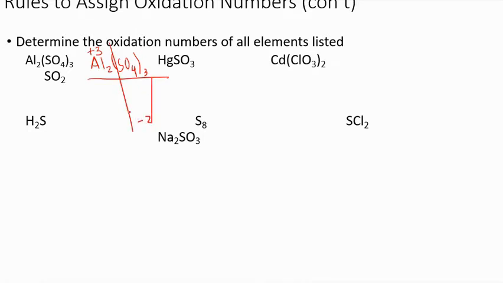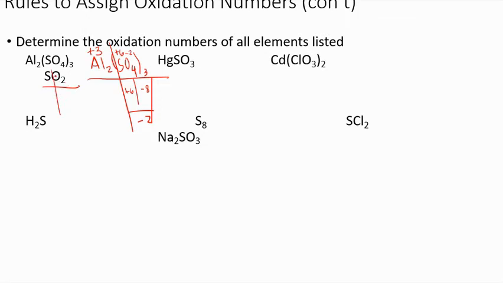So -2 is my overall. Remember, oxygen is a -2, so that would make that a -8. I need an overall charge of a -2, so that makes sulfur a +6.